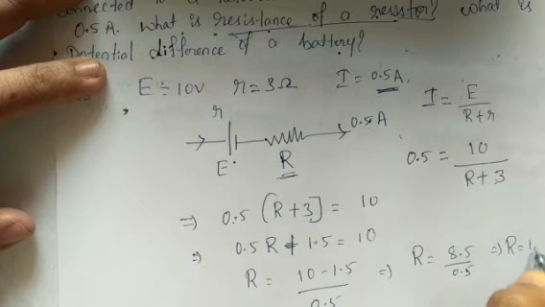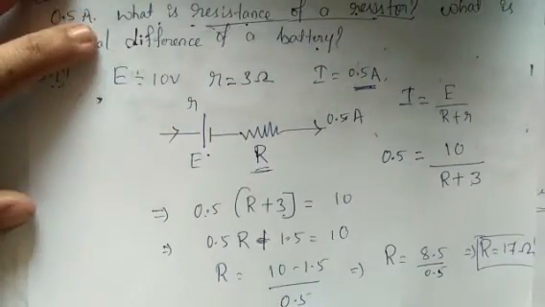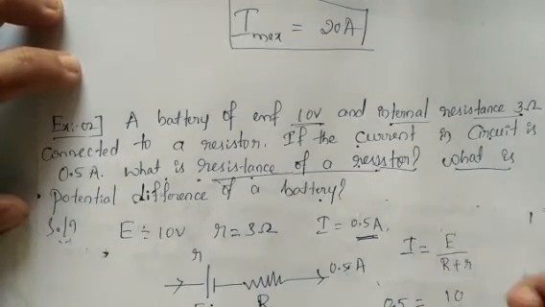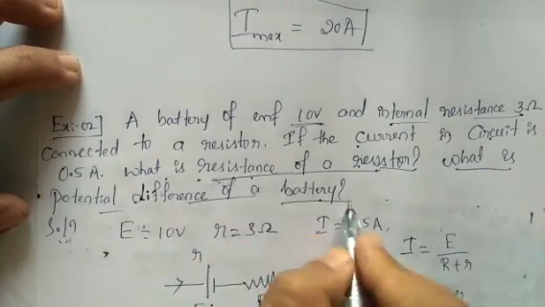This implies capital R is equal to 17 ohms. So, this is the resistance value of what here? The external resistor.